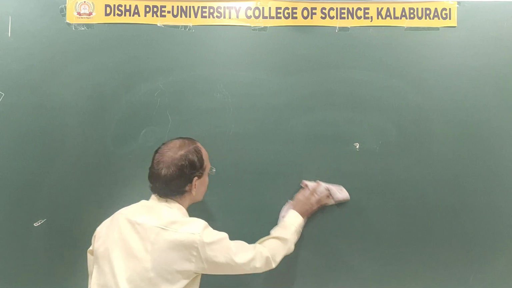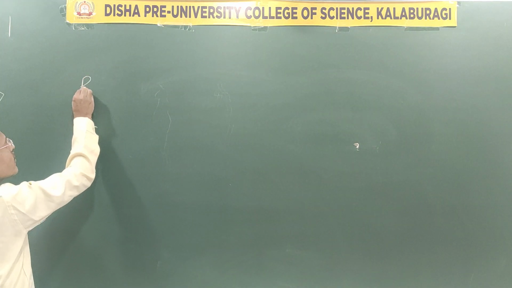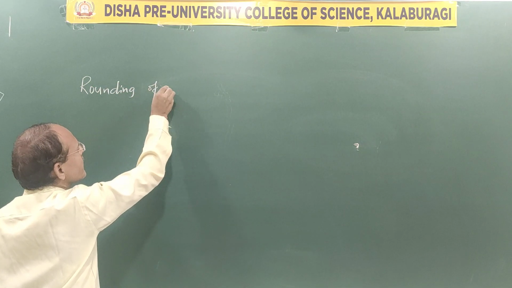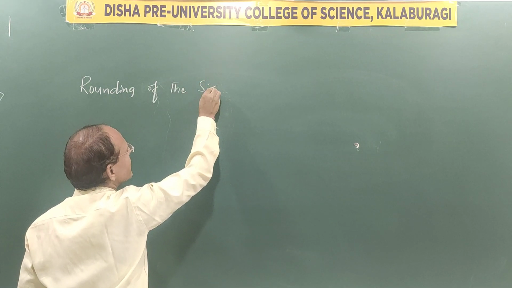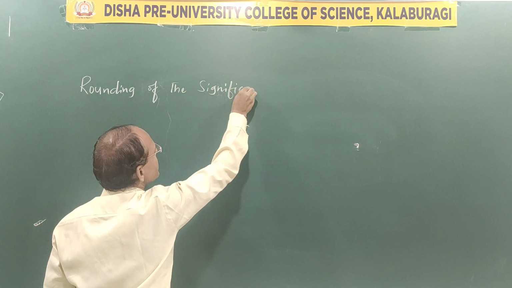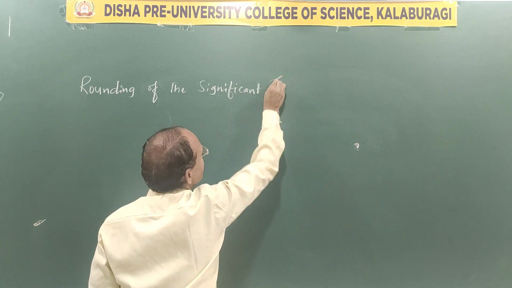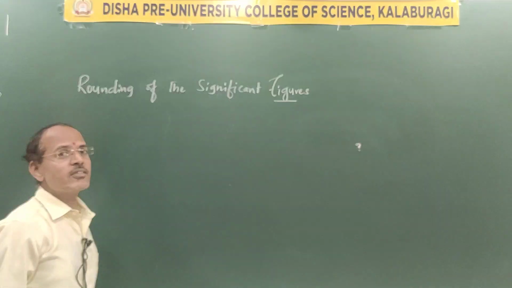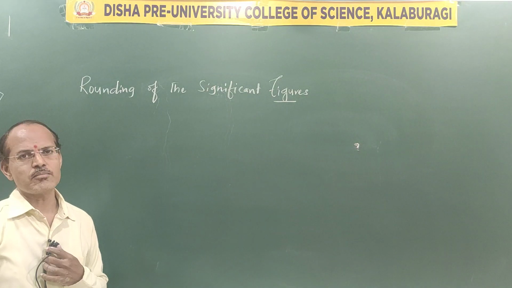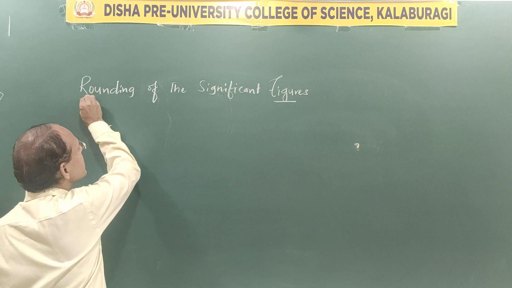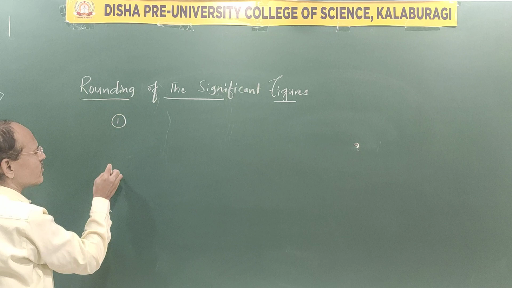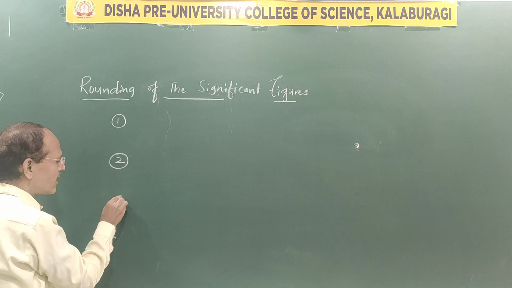Look here. Now we concentrate on rounding off the significant figures up to the desired number. In this case, there are 3 cases, 1, 2 and 3.